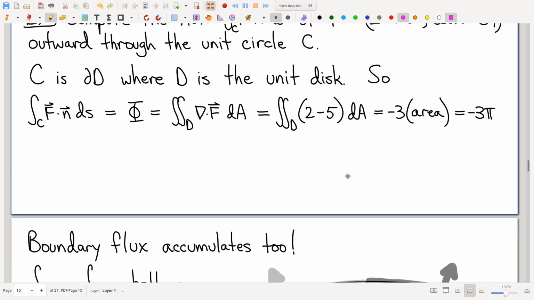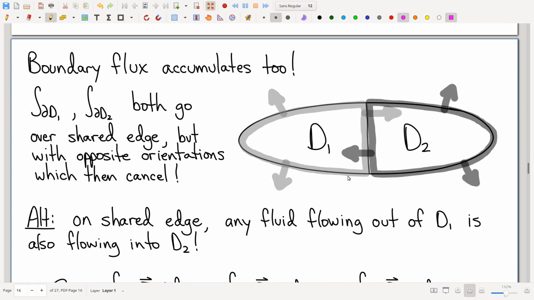Okay. So here's a different take on that theorem. We got to the 2D divergence theorem by basically tweaking Green's theorem. But you can instead just view it as itself being just another accumulating quantity.